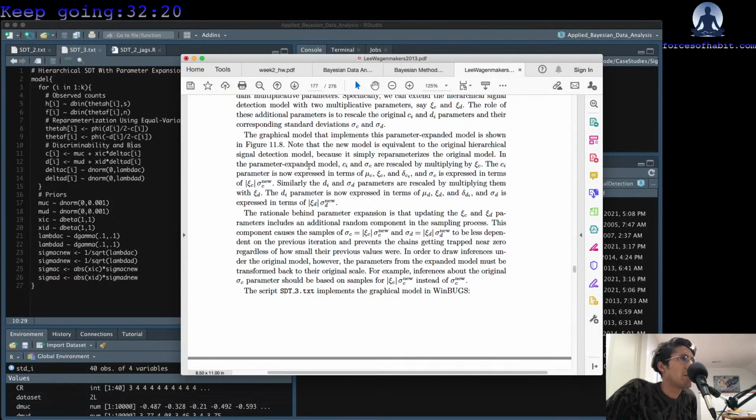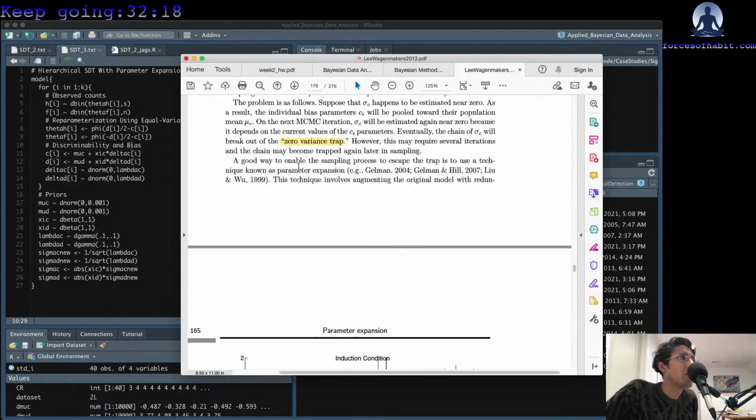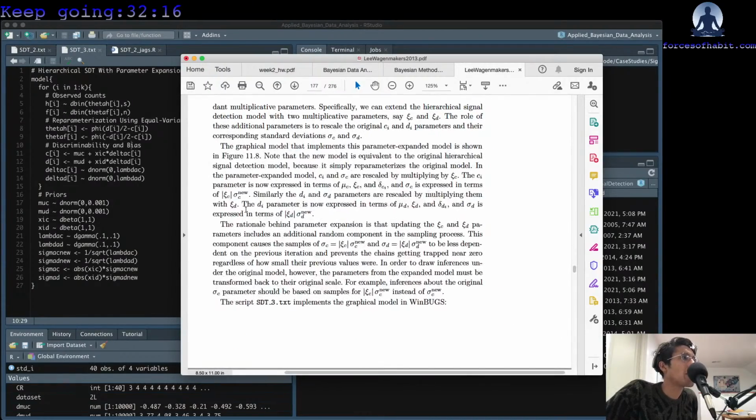So this is parameter expansion, remember. In the parameter expanded model, bias and sigma for bias are rescaled by multiplying by delta. The parameter is now expressed here with mu, delta, and, man, I'm blanking on the name of that one. Gamma, maybe? Or delta. Oh, that's delta.